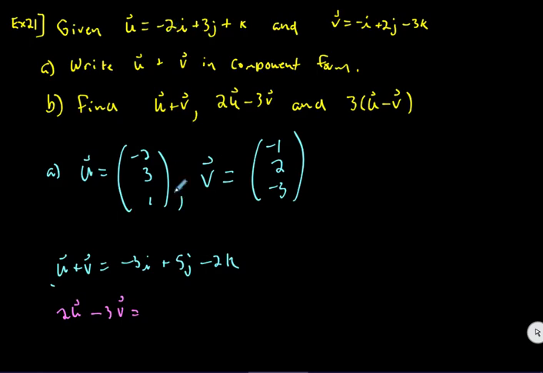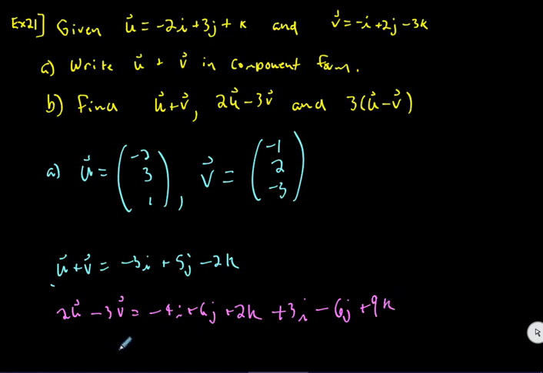Well, what's 2U? That'd be negative 4i plus 6j plus 2k, right? And then it's going to be minus 3V. Minus 3V would be plus 3i minus 6j plus 9k, right?